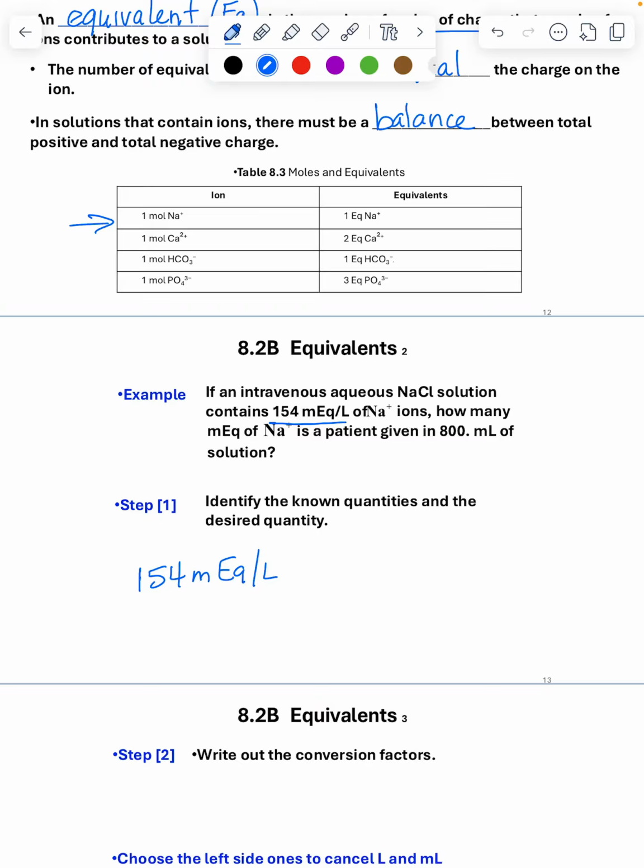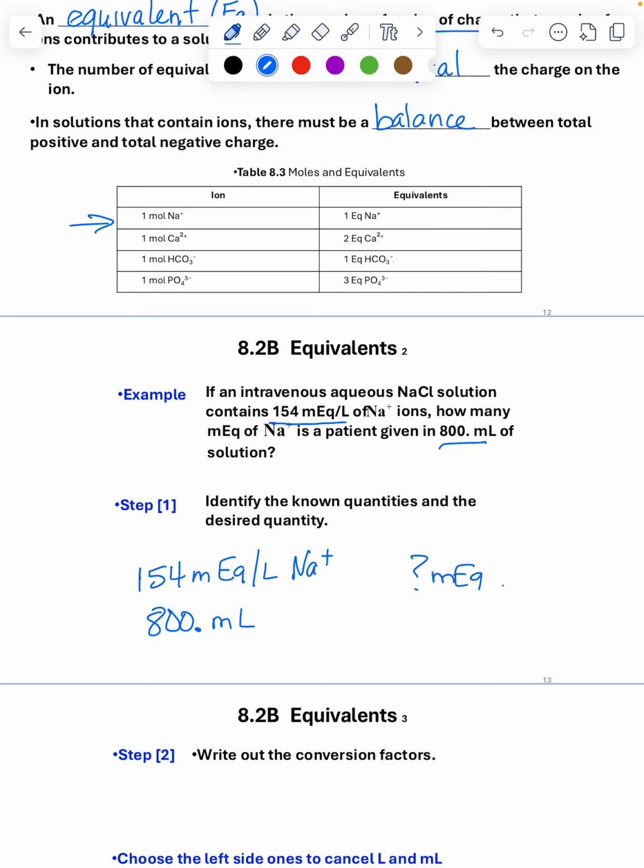And we also can see that we have 800 milliliters of solution. So those are our known quantities. Well, what are they asking us to find? We want to know how many milliequivalents of sodium ion is the patient going to get.